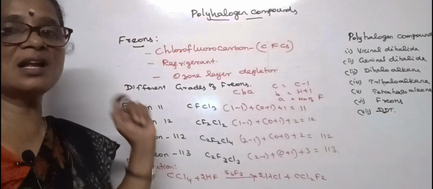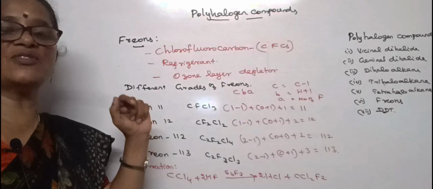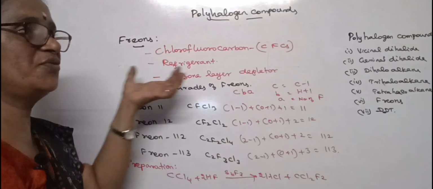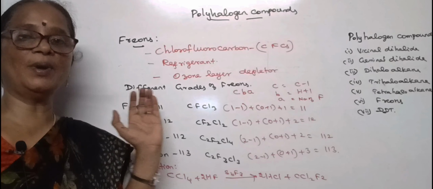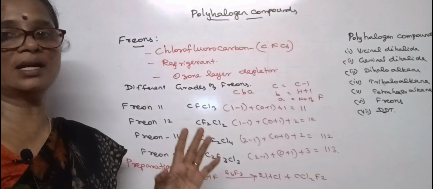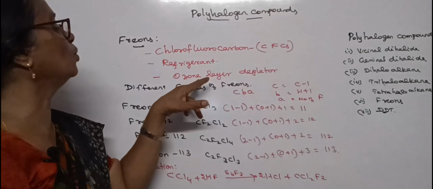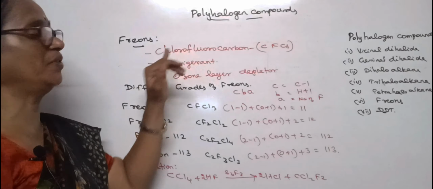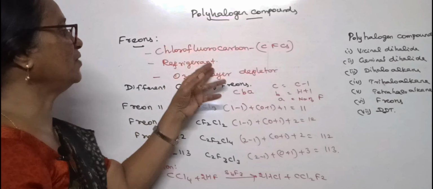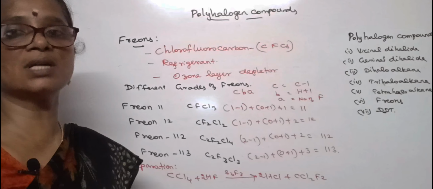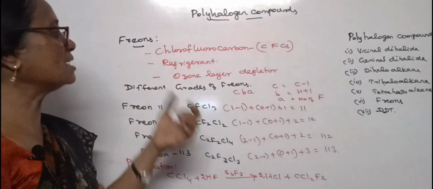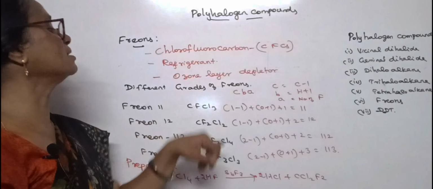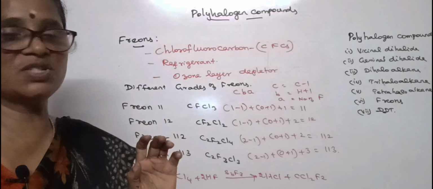The depletion of the ozone layer is due to the formation of free radicals of the halogen. We know once free radicals are formed, the reaction will be propagated and never terminated. Because of that reason, the ozone layer is constantly depleted due to the liberation of refrigerant, and moreover, CFCs are also used in aerosols. So the release of CFC to the atmosphere makes it a pollutant of the atmosphere.